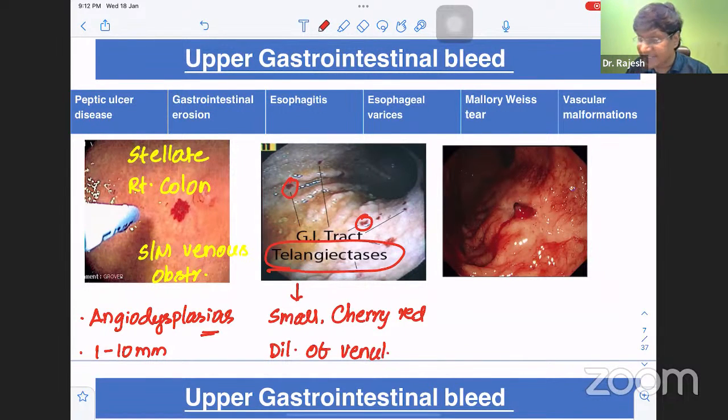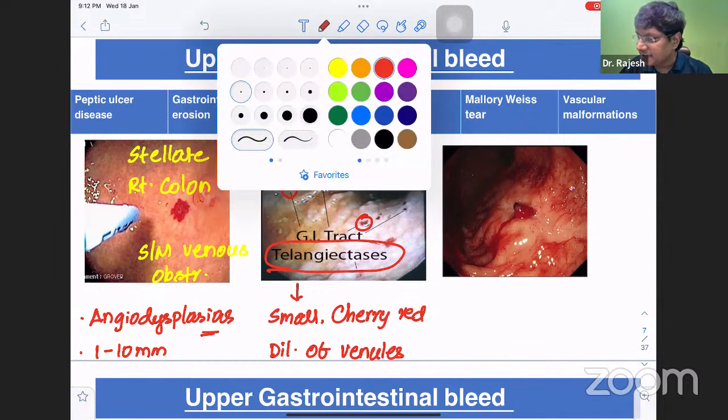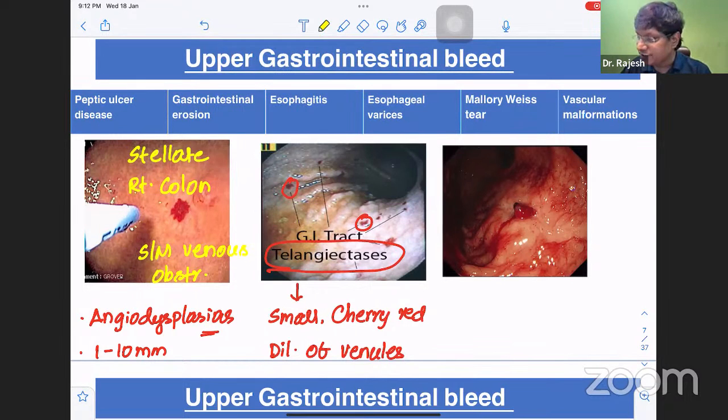These telangiectasias can be part of systemic conditions, which include hereditary hemorrhagic telangiectasia, or they can also appear as a part of the CREST syndrome. So these are the telangiectasias which can present in the form of upper gastrointestinal bleed.